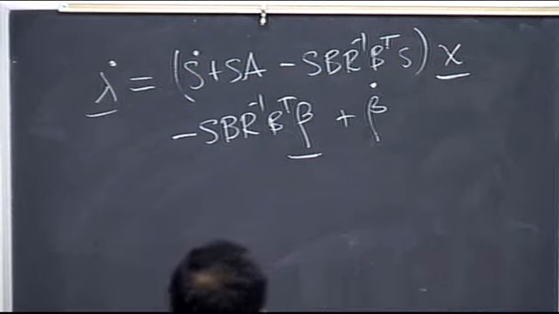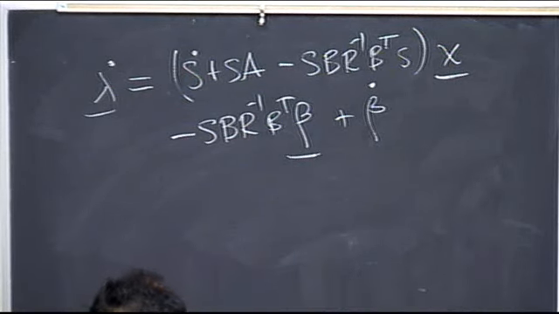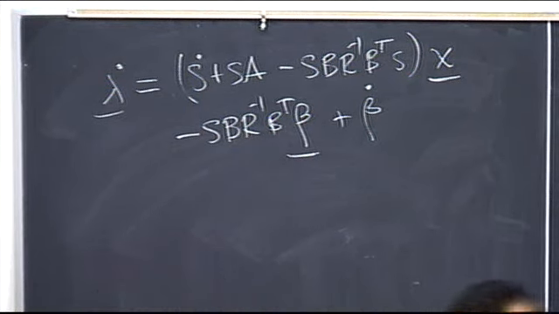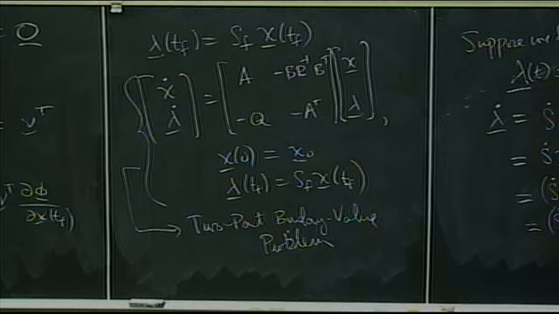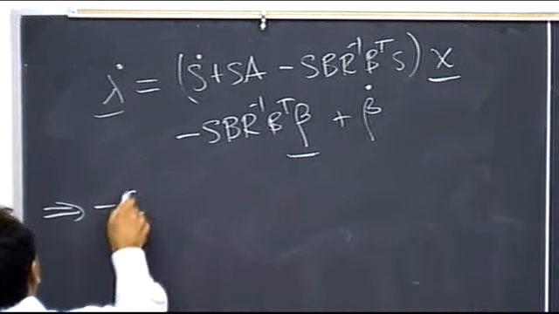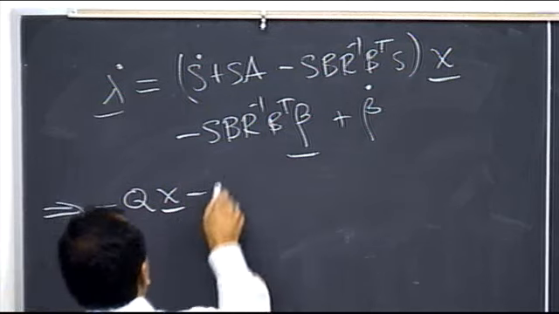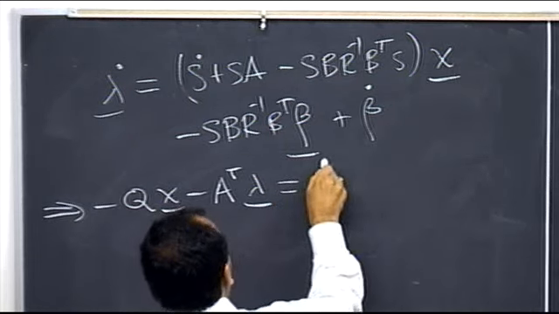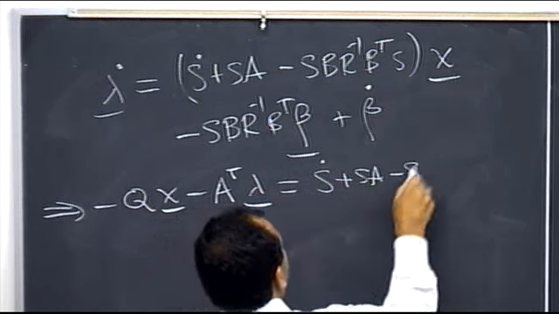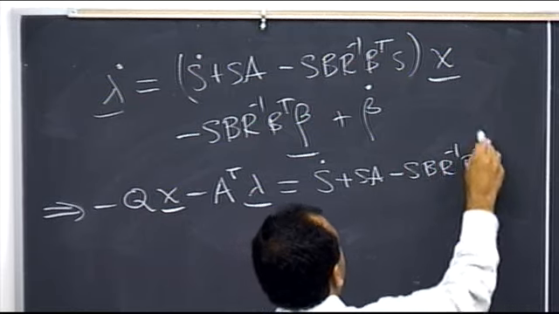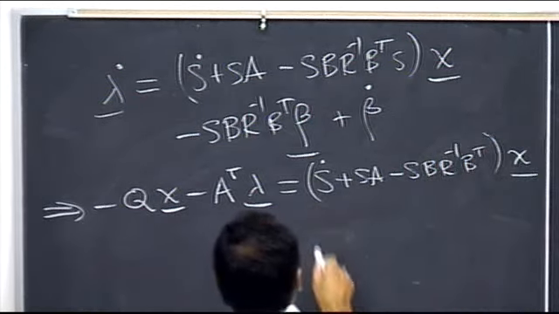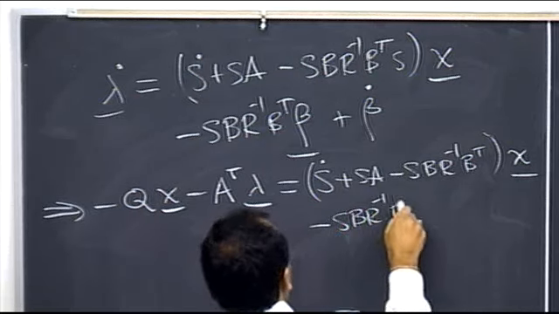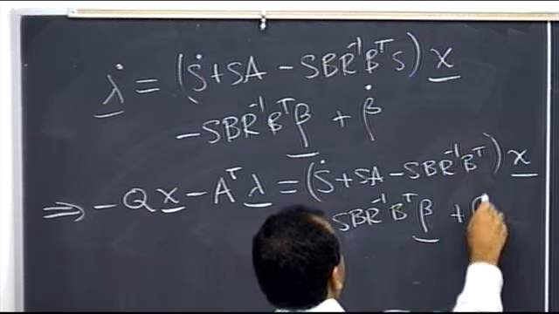Okay. Let's look at this for a second. If you look back at the original equation, and I now write in what lambda dot is, what's lambda dot equal to? Lambda dot is equal to minus Qx minus A transpose times lambda, right? And that has to equal S dot plus SA minus S B R inverse B transpose, the whole thing times x, minus S B R inverse B transpose times beta plus beta dot.